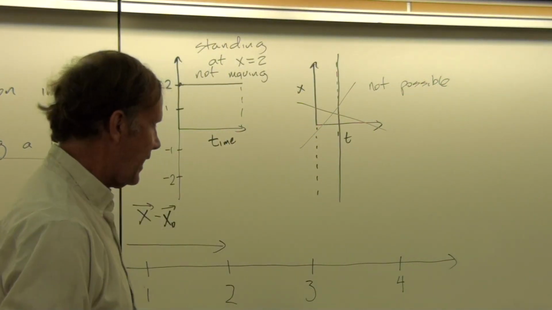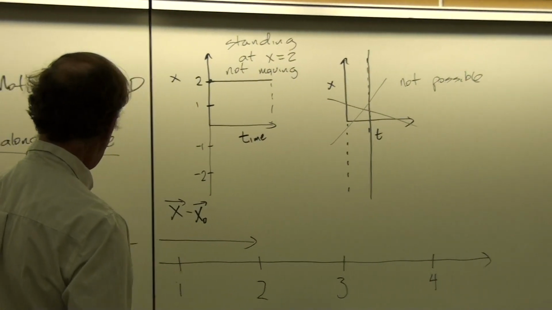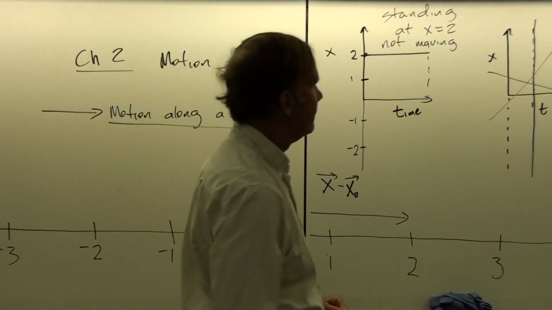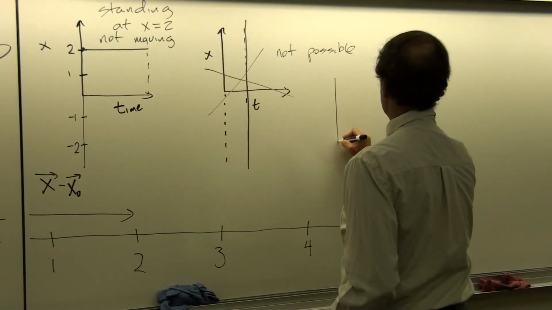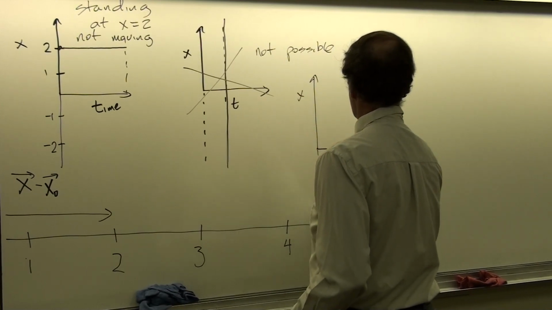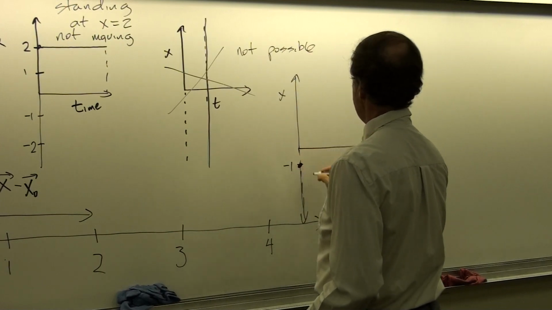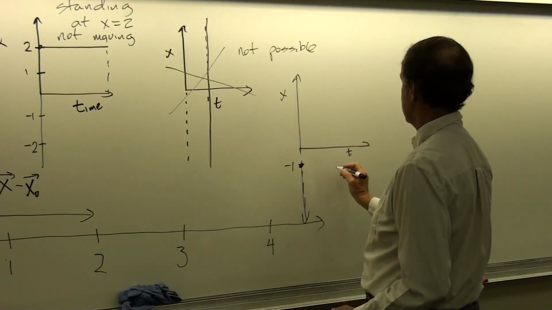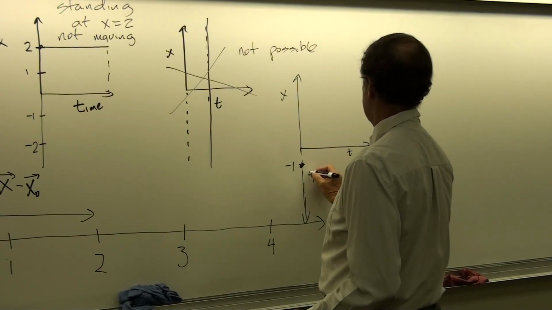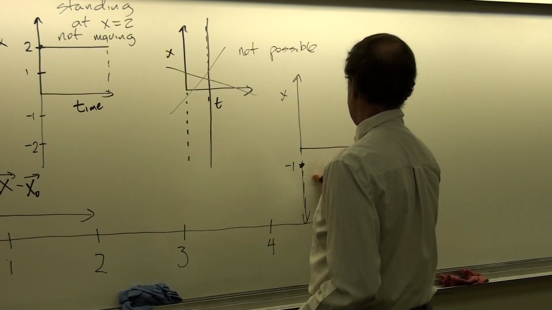So what if I were to start moving along? Let's say that I start at x equals minus 1 at time equals 0. So that's down here. So I'm there at time equals 0. So we could call this minus 1 comma 0. 0 we'll do xy.